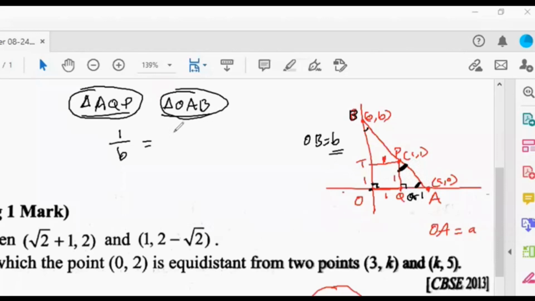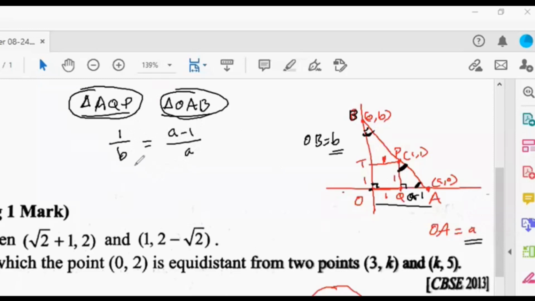In the large triangle OAB, the side opposite to angle B is the large side OA, which is A. So we got a relation like this, 1 by B is equal to A minus 1 by A.